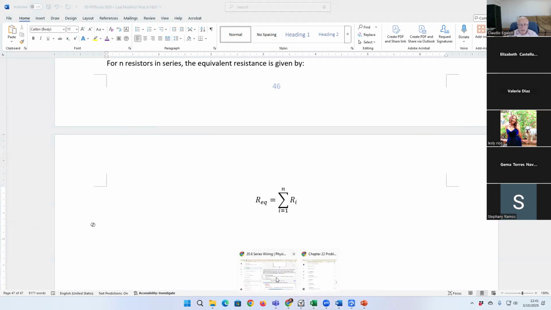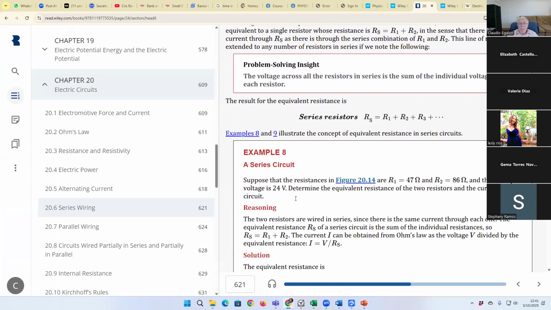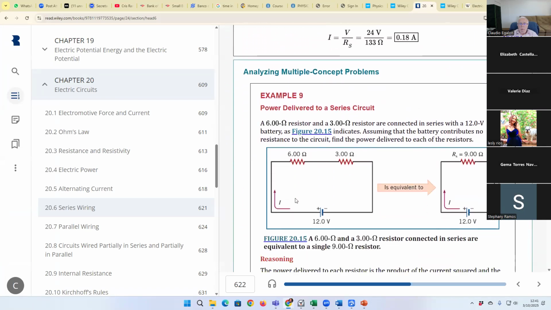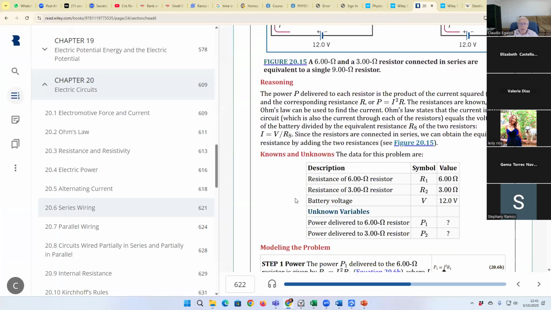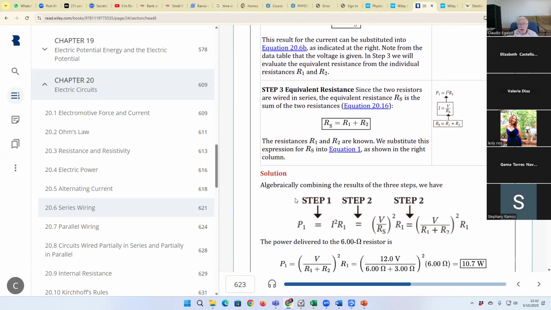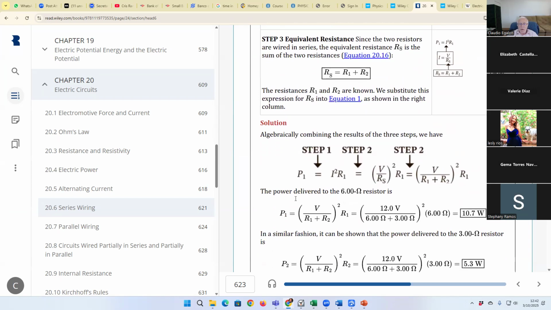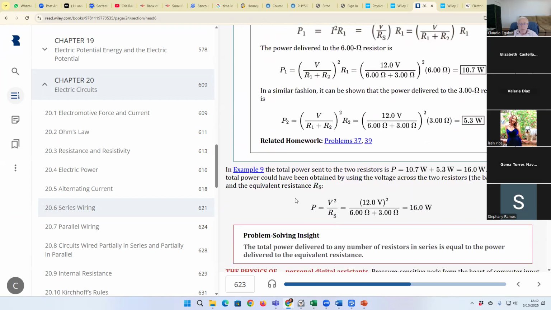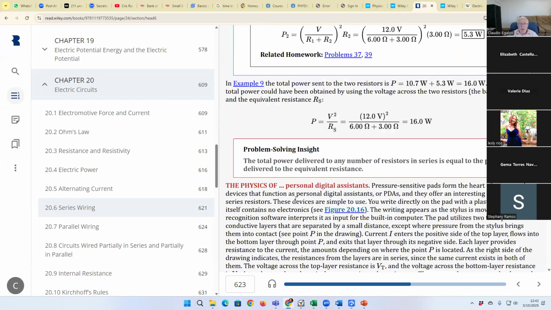Let's take a look at the book again. You can have the same type of thing with capacitors, okay? You can have capacitors in series, and another way of connecting capacitors is in parallel as well.